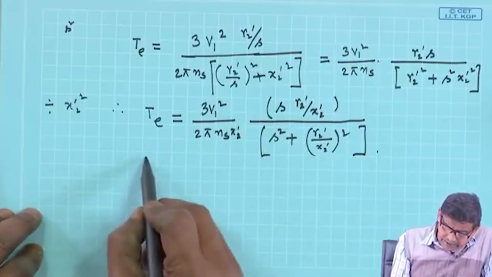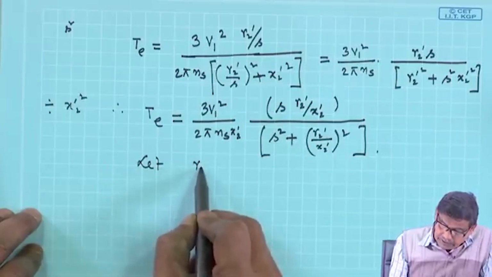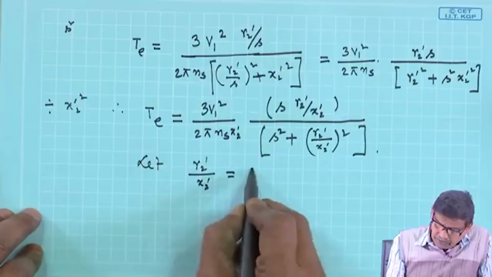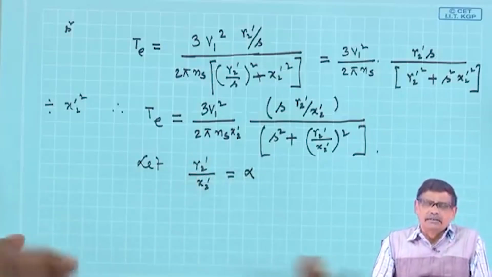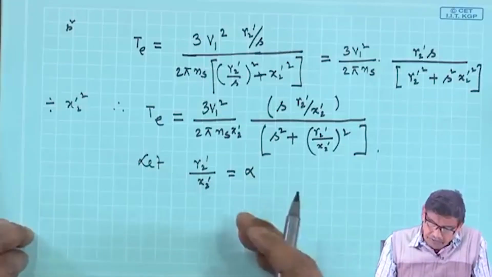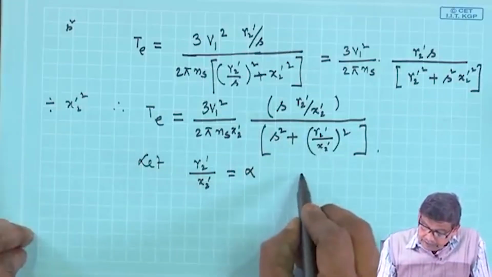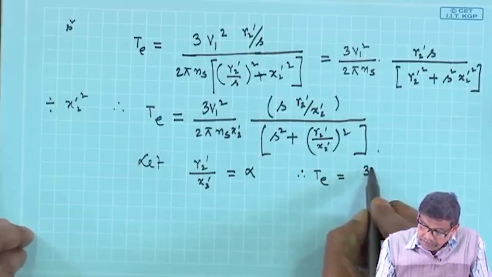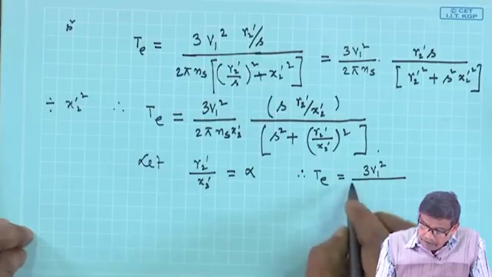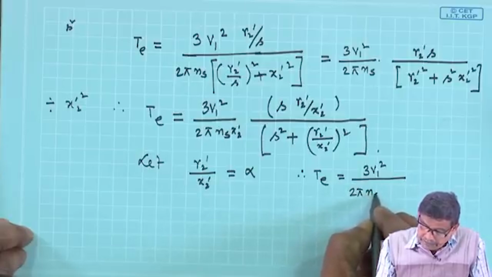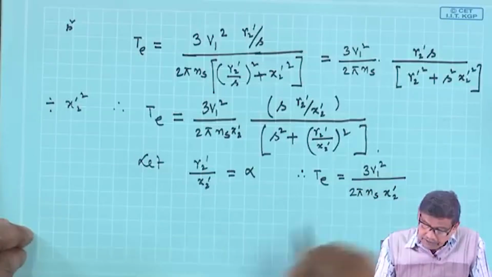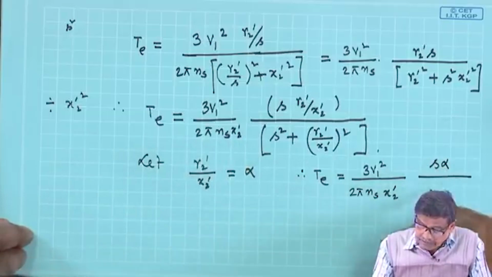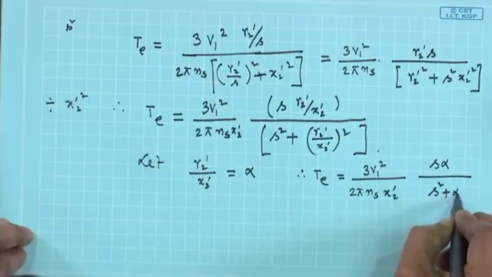And I say let R 2 dashed by x 2 dashed be equal to alpha, some alpha, this ratio. Then torque will be equal to 3 V 1 squared by 2 pi n s into x 2 dashed, this is the constant part, and this can be written as S alpha by S squared plus alpha squared.